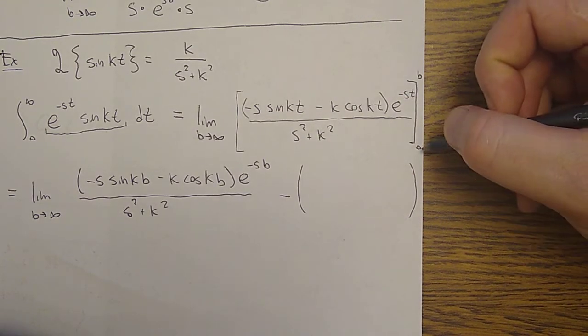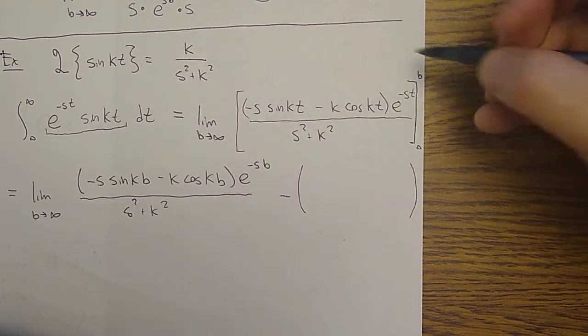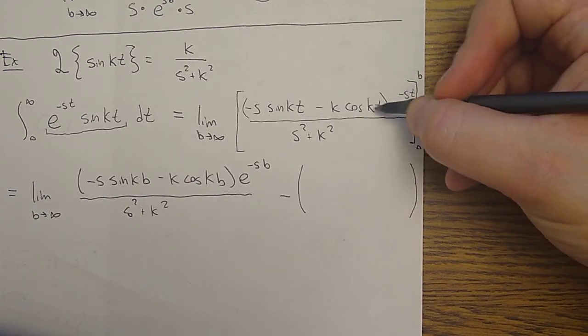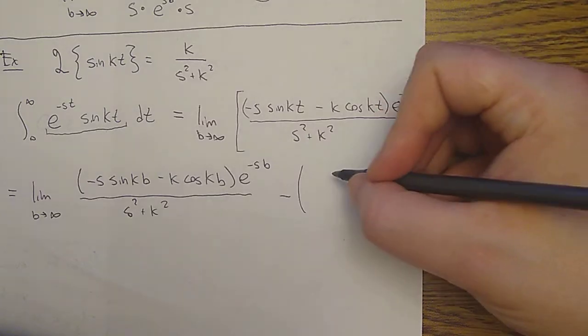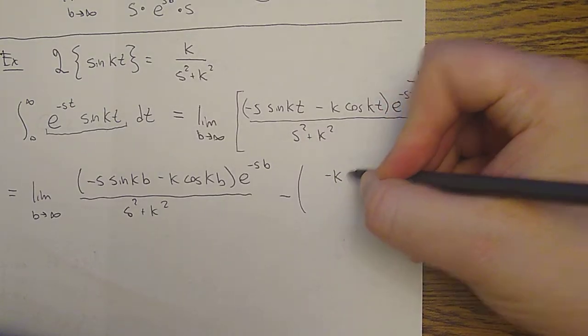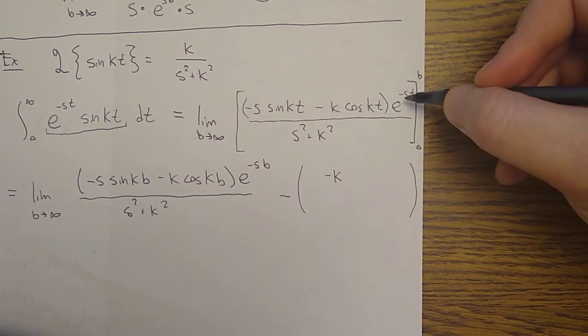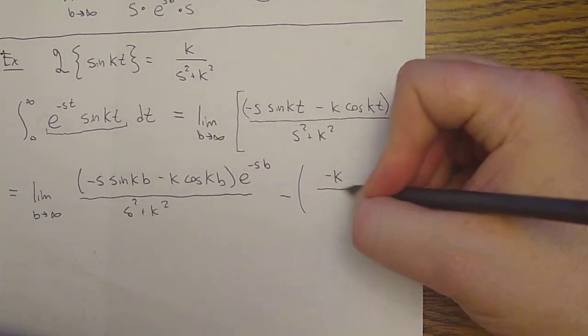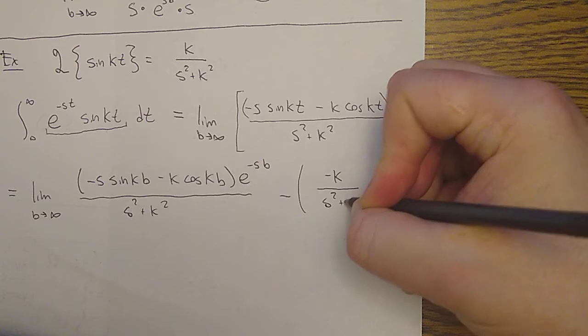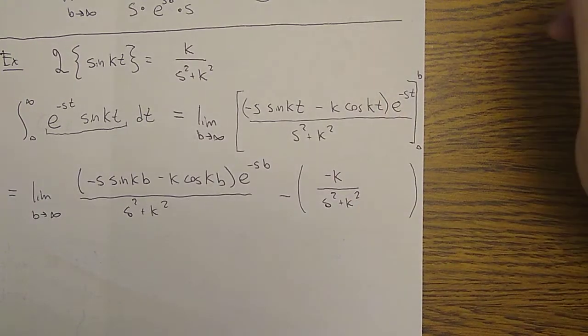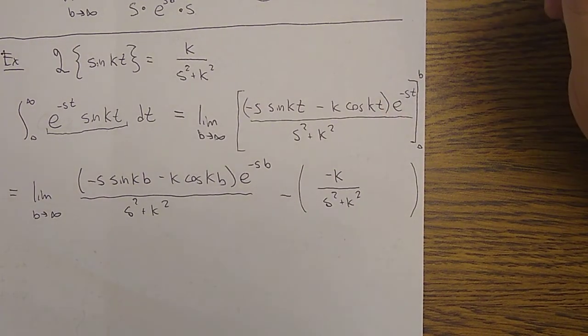But let me try to be smart about this. Sine of 0 is 0, so I like that. Cosine of 0 is 1, so here I'm going to have a negative k. E to the 0 is 1, so this is just negative k times 1. There we go, so that wasn't so bad.